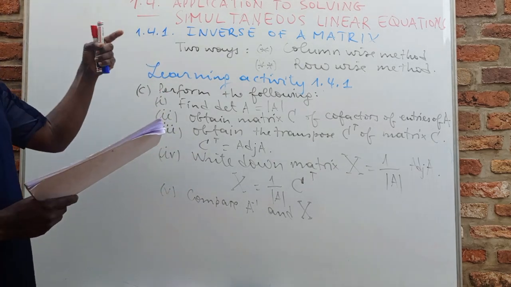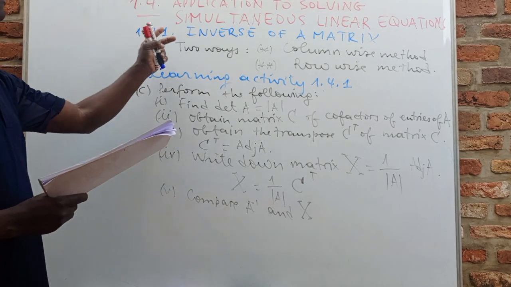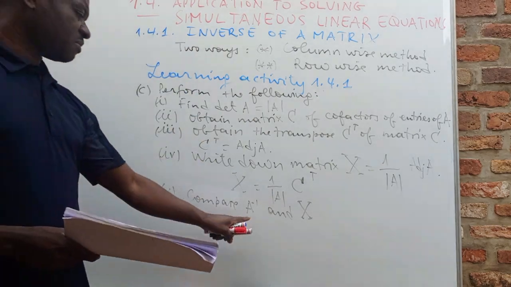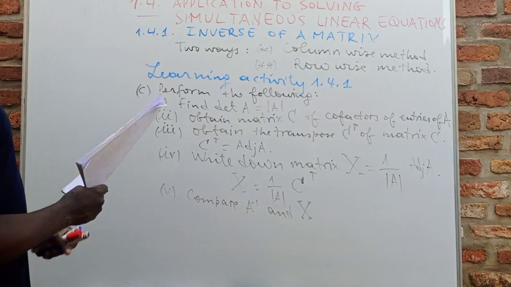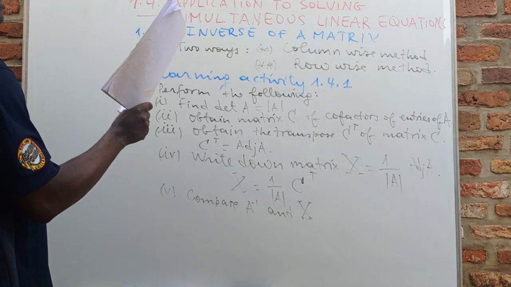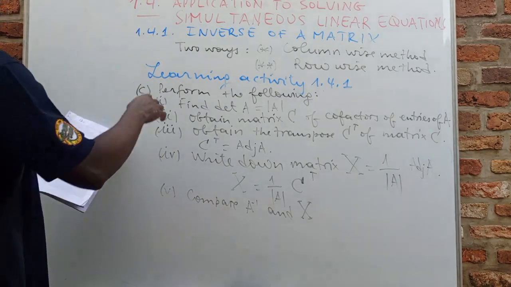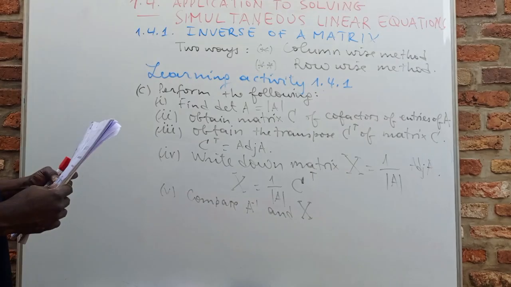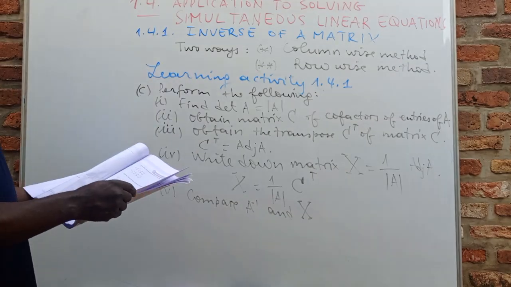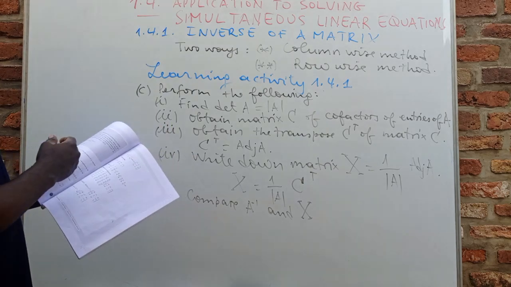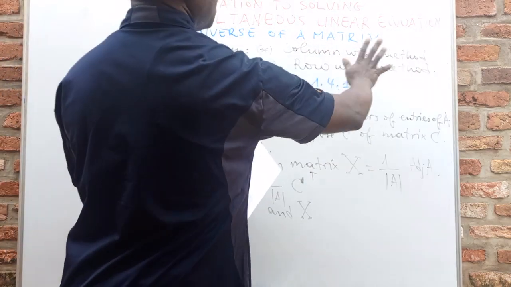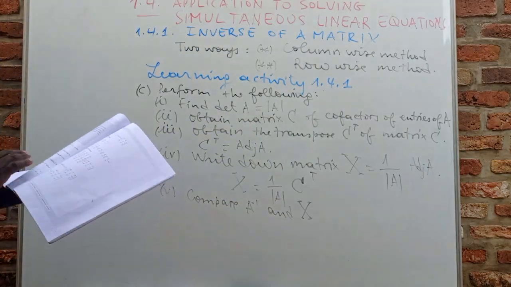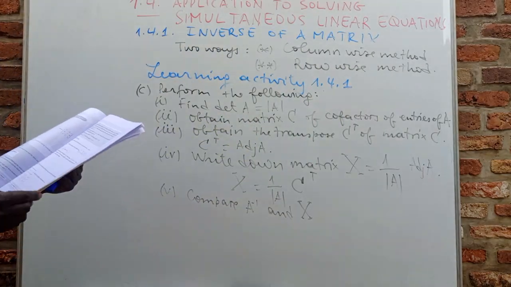So first of all, in application, you have to find the inverse of a matrix with a different method, and we are going to use this inverse matrix in the other sections. As I told you, we can use it with the column-wise and row-wise methods.